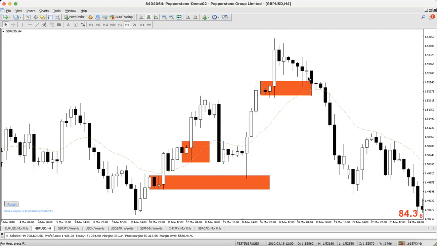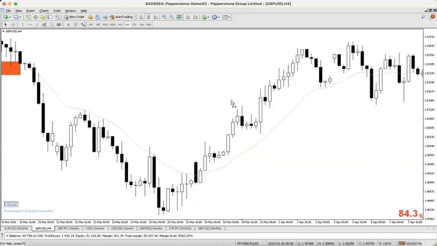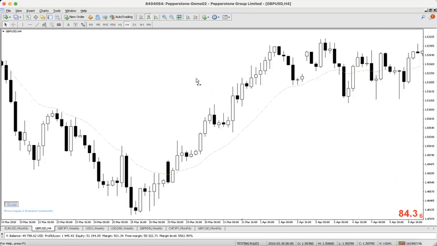Okay, and then after that, it rallied a bit. If you are scalping, you'll have made a profit from this. All right, still this is a CP that worked. All right, let's look for another examples of CPs.